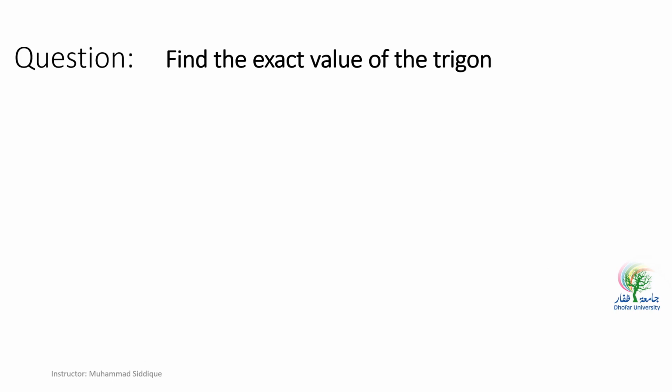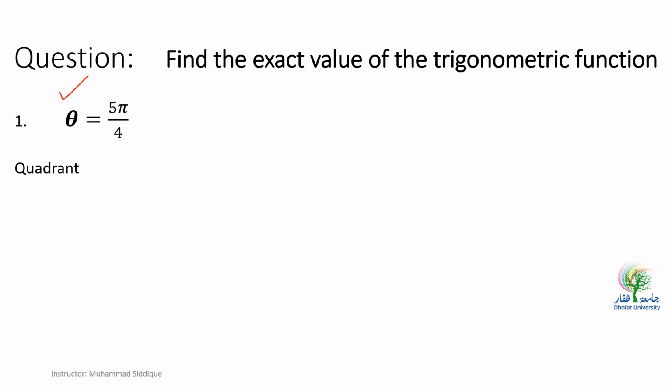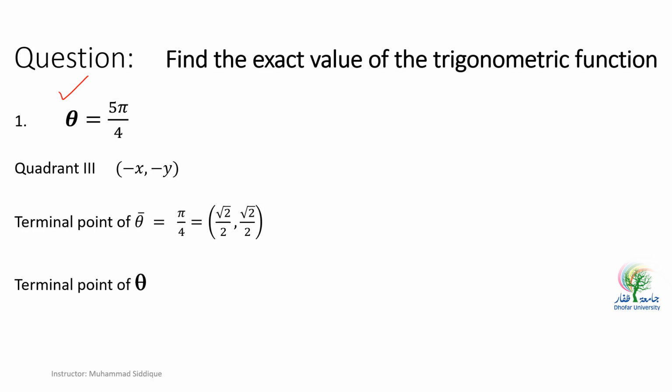Another question: find the exact value of a trigonometric function. Sometimes they give us an angle, so we have to find the terminal point as we finished before. For the terminal point, first we find the quadrant, then the reference number, and then the terminal point of this angle.